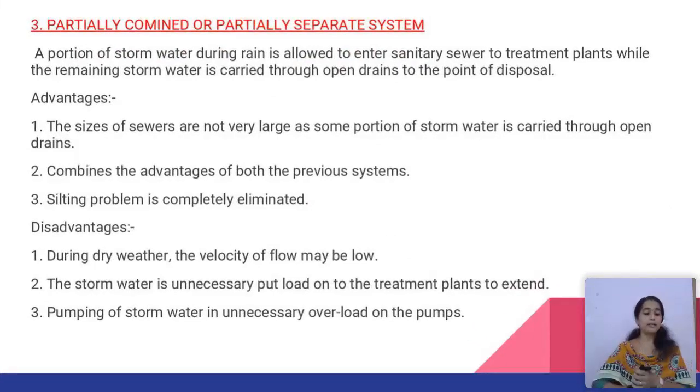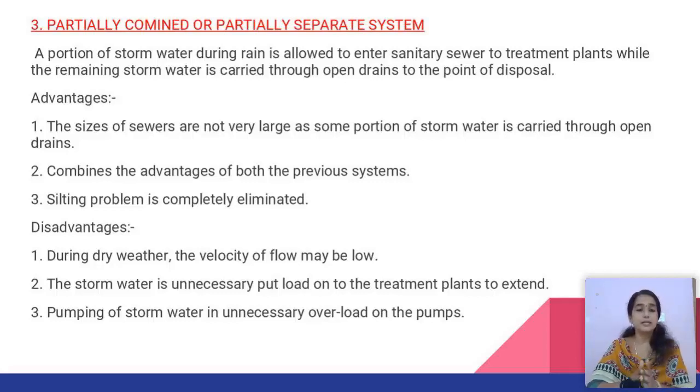Then the partially combined or partially separate system. A portion of stormwater during the rain is allowed to enter the sanitary sewer to the treatment plants, while the remaining stormwater is carried through the open drains to the point of disposal. A portion is entered into the dry weather flow.